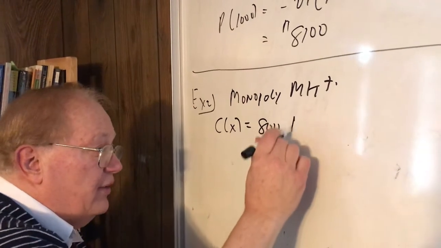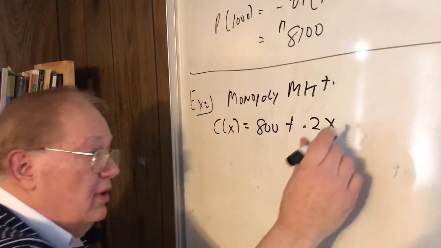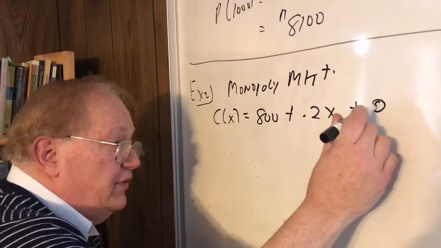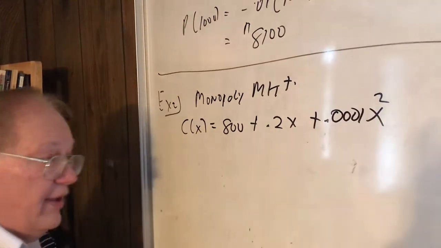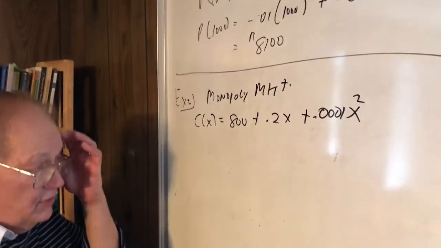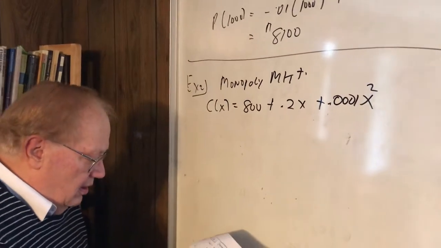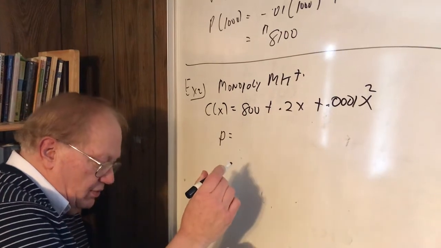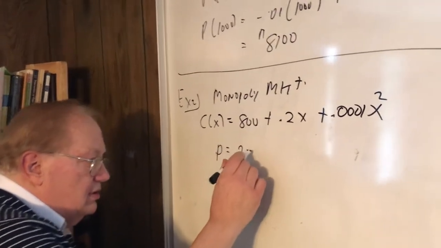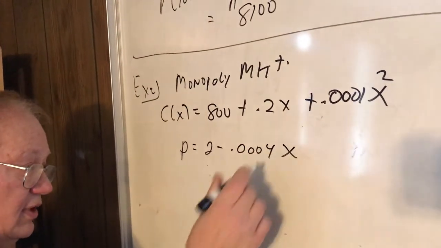plus 0.2x plus, be very careful, there are 3 zeros here. I know on one of the tests there were 3 zeros in front of a 2, and you guys only put 2 zeros. Now they also give you this: P equals 2 minus 0.0004x.